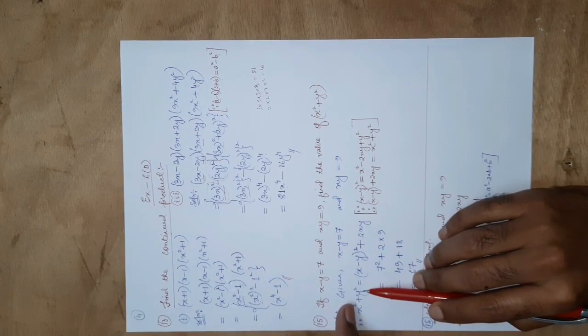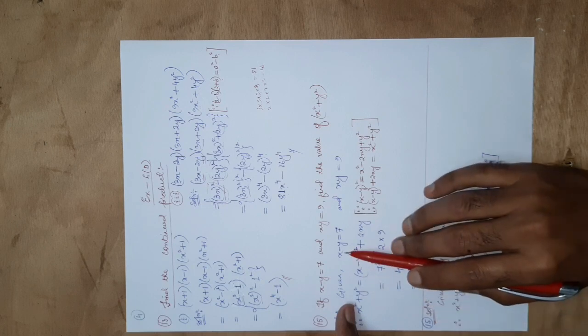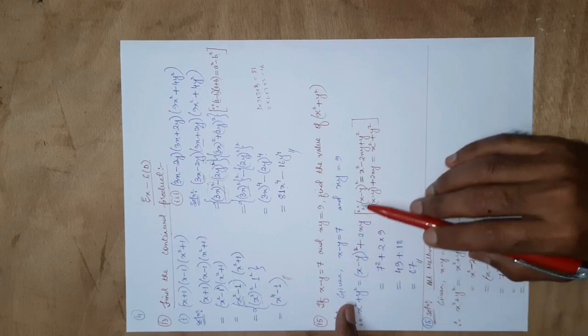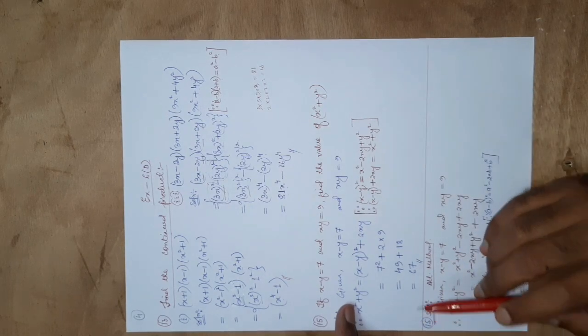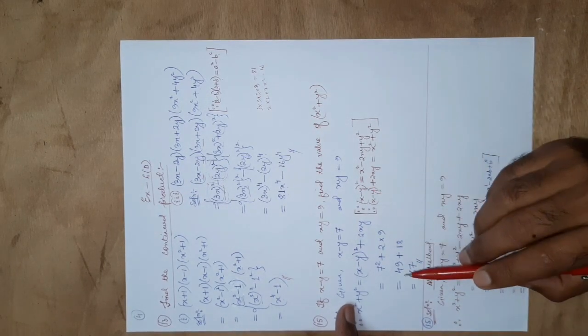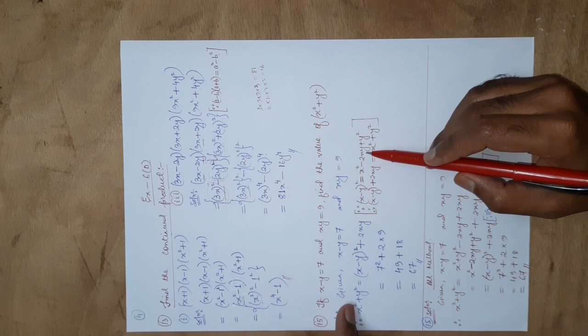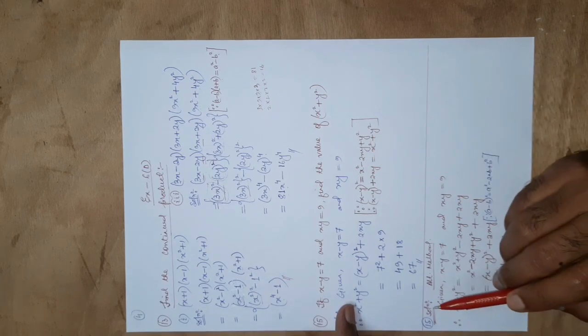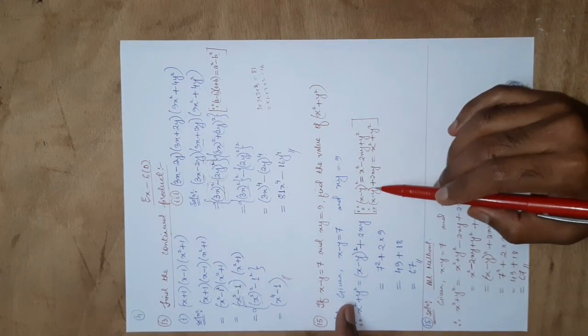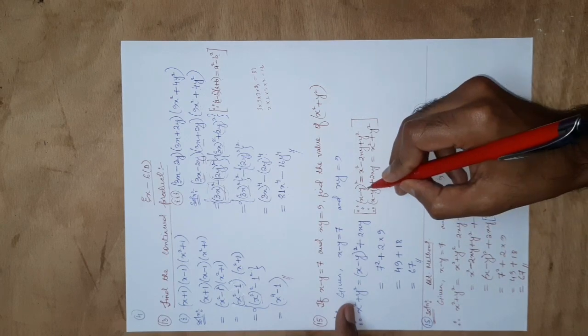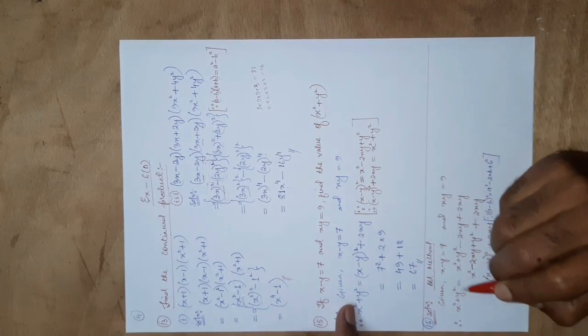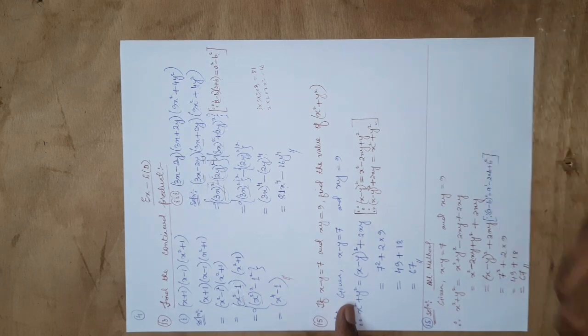If I need to convert into x minus y form, that means I have to use the (x minus y) whole square identity. What is the (x minus y) whole square identity? It is x square minus 2xy plus y square. If you transpose minus 2xy, you will get (x minus y) whole square plus 2xy. The other side is x square plus y square.